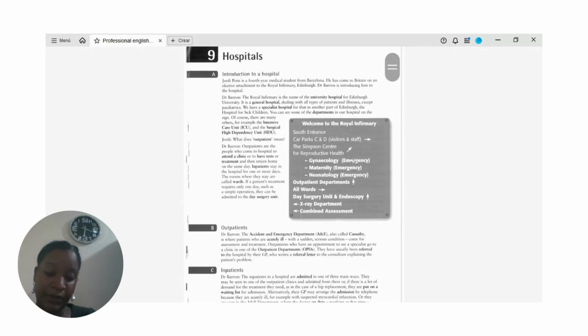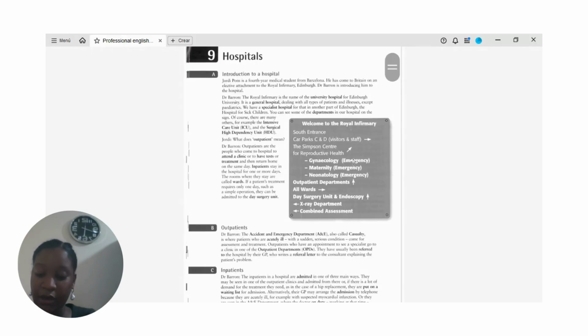Alternatively, their GP may arrange the admission by telephone because they are acutely ill, for example, with suspected myocardial infarction, or they are seen in the A&E department, where the doctor on duty at that time arranges the admission. This will happen in the case of a patient with a fractured neck of femur, for example.